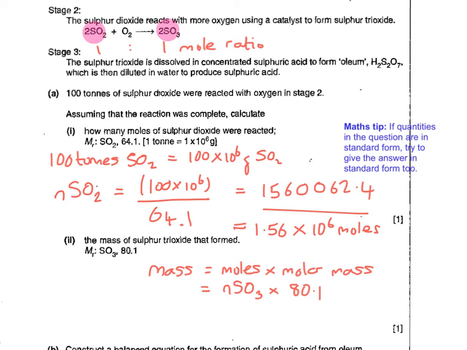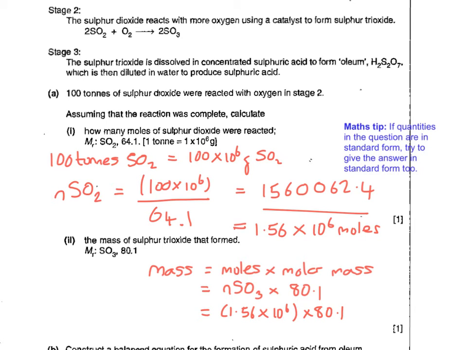If I highlight the equation, you can see that it's a 1-to-1 mole ratio between sulfur dioxide and sulfur trioxide. So the number of moles of sulfur trioxide will be the same as the number of moles of sulfur dioxide that you just calculated, which is equal to 1.56 times 10 to the power of 6 multiplied by 80.1.